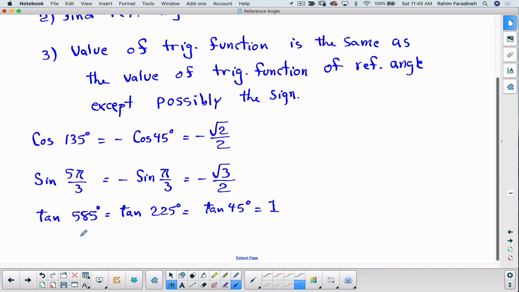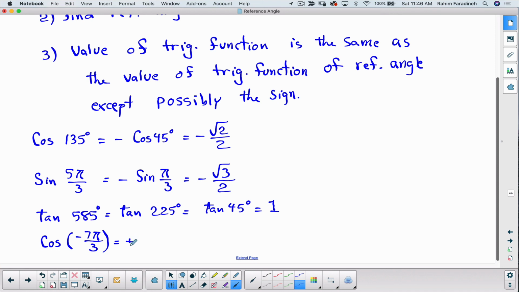Now let's do one example with a negative angle. Cosine of negative 7 pi over 3. Negative 7 pi over 3 is in the fourth quadrant.